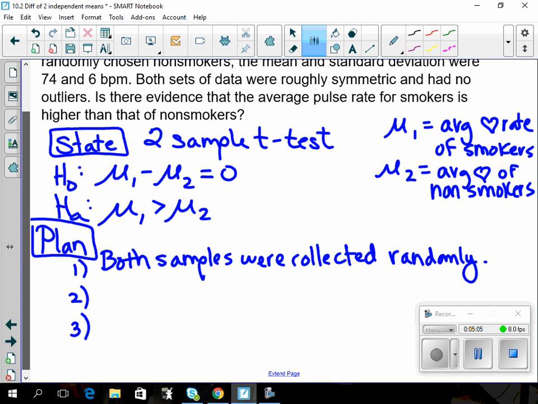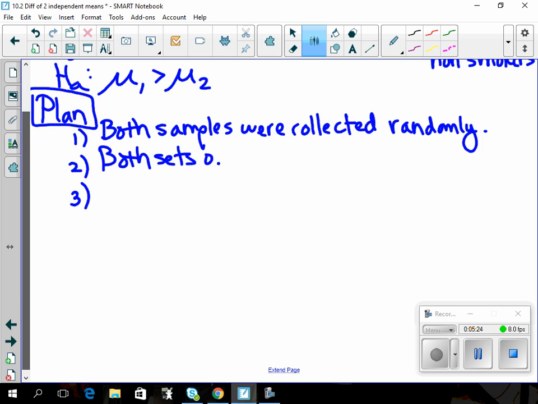But what does it say in the problem to help us? Yeah. So because of that sentence, that satisfies the normal condition. So we just need to say that, okay? So we're going to say that both sets of data are relatively symmetric with no outliers.